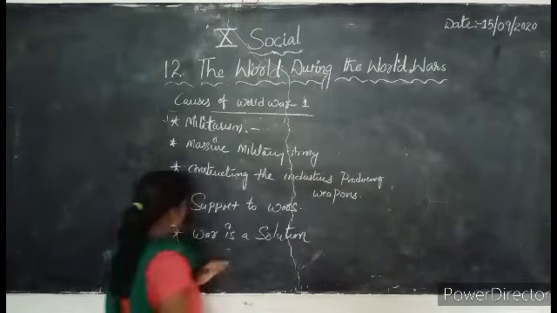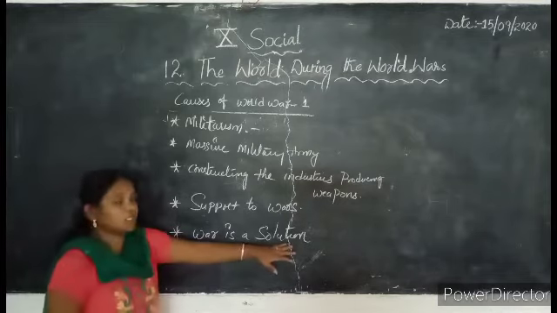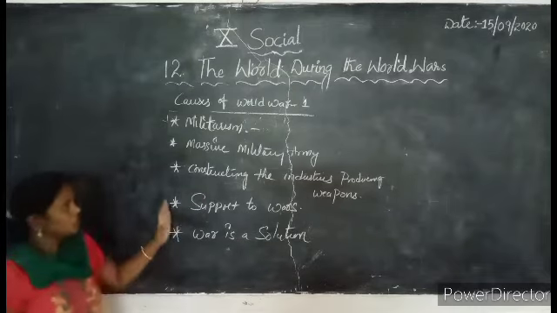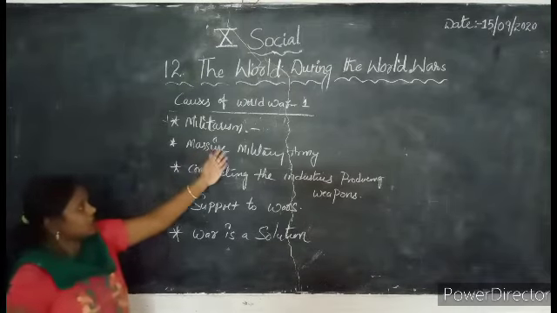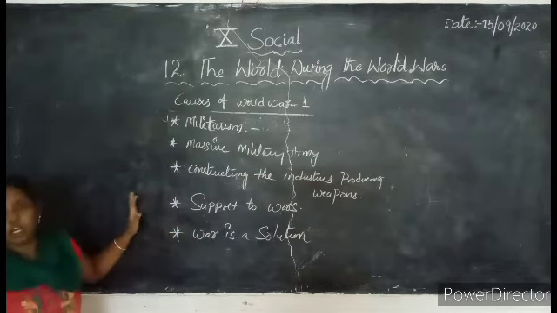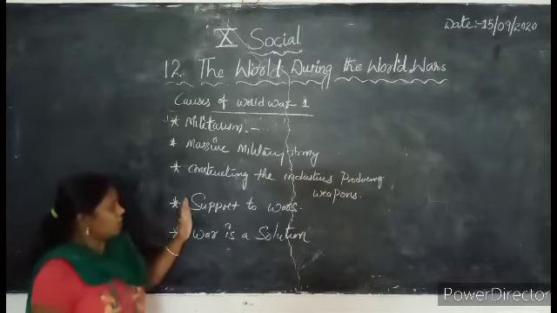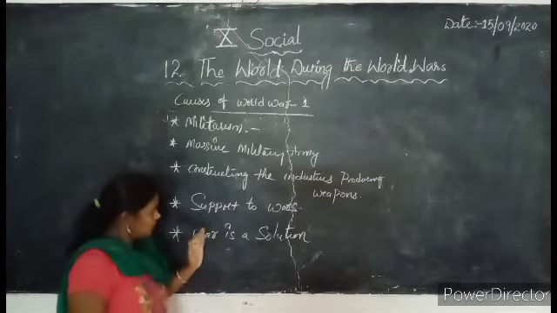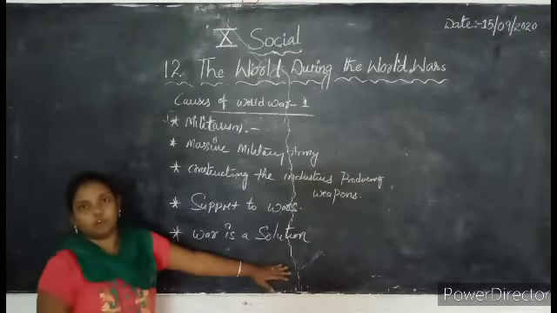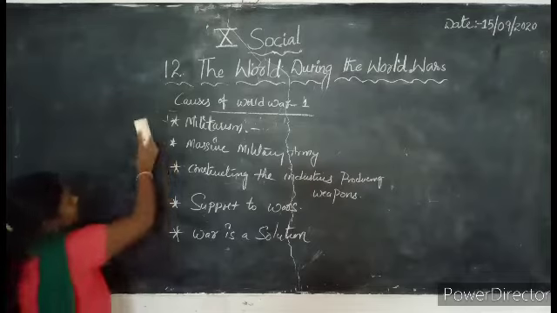They started constructing a massive military, constructing industries, and producing a large number of weapons. They made the people support the wars, and they said that war is a solution. So this is about militarism.